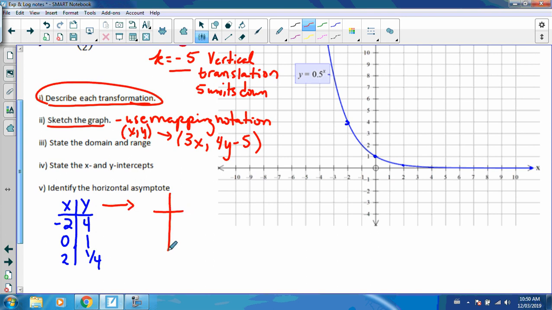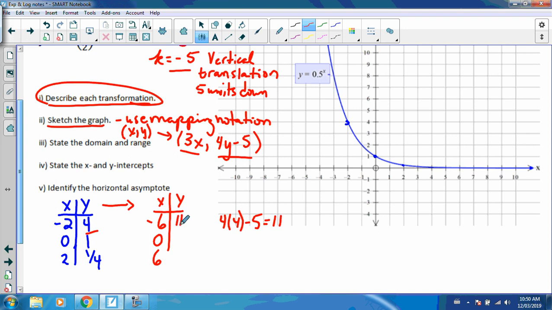So now in my transformation, every value of x I'm going to times by 3. So this should be -6. This remains 0. And this is now +6. And then for y, I have to times the y value by 4 and then subtract 5. So I go 4 times this 4 minus 5. That's 16 minus 5, which is 11.